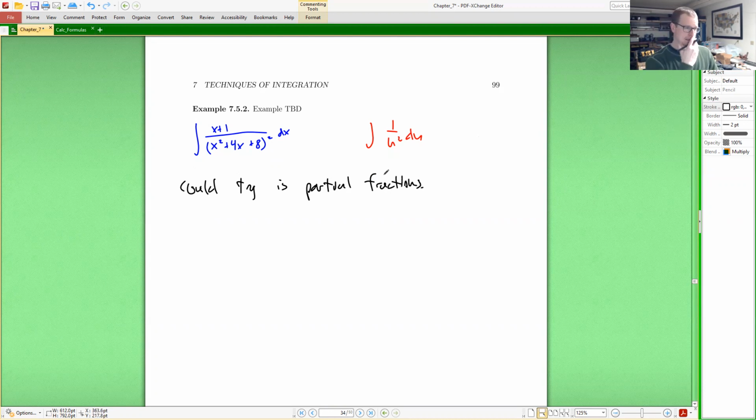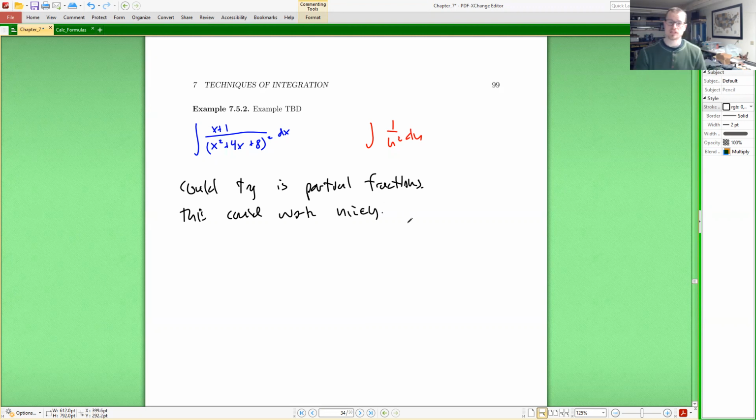Let's see here. I think that is not the direction that I went. I went a different direction, but you could try partial fractions, and I think this would actually work. And this could work nicely.